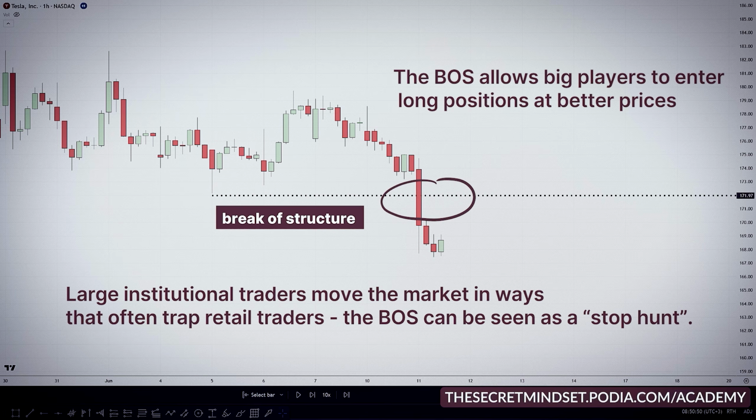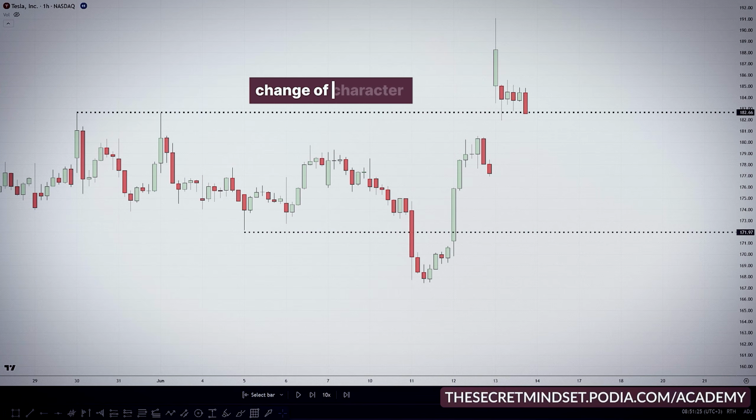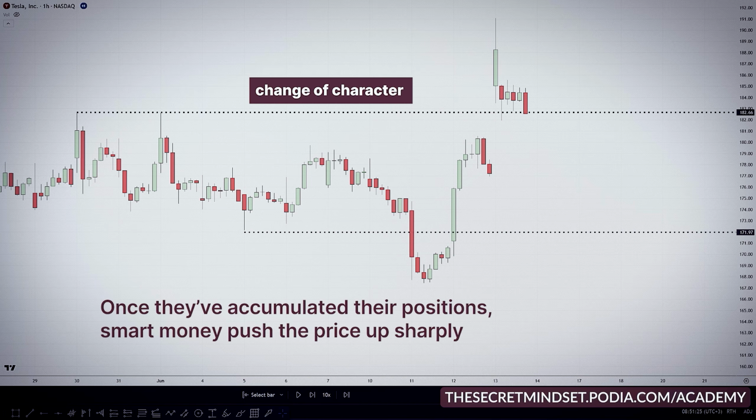This allows them to enter long positions at better prices. Once they've stored their positions, they push the price up sharply, resulting in the change of character. This catches many traders off guard, especially those who just entered short positions, thinking the downtrend would continue.